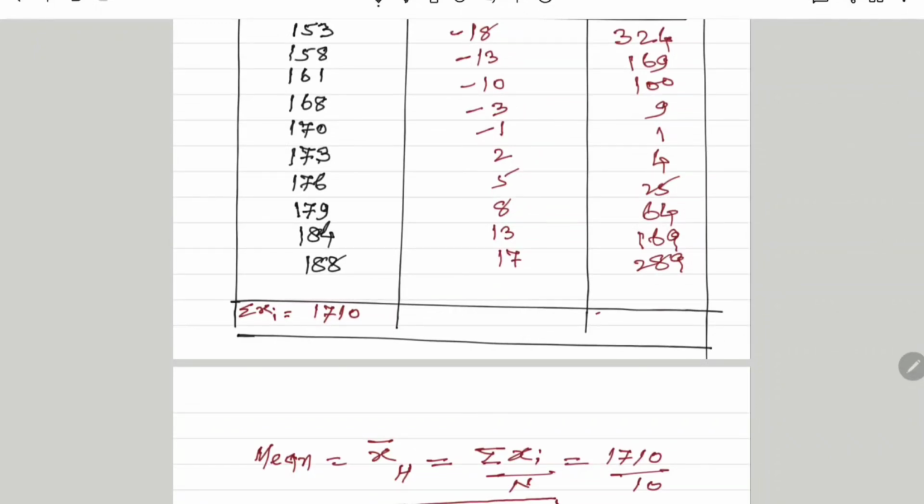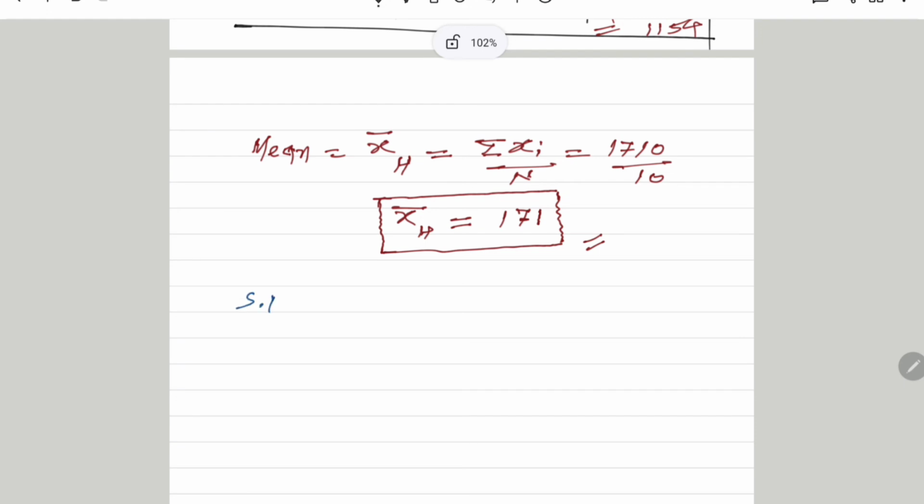Then take the sum of xi minus x bar whole square. If we add all these values with the help of the calculator, we get the sum as 1154. Then we find the standard deviation as the square root of the sum of xi minus x bar whole square divided by n.